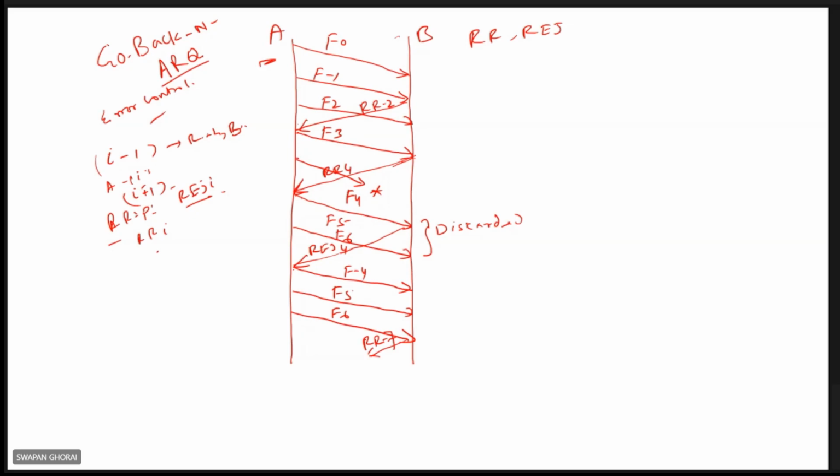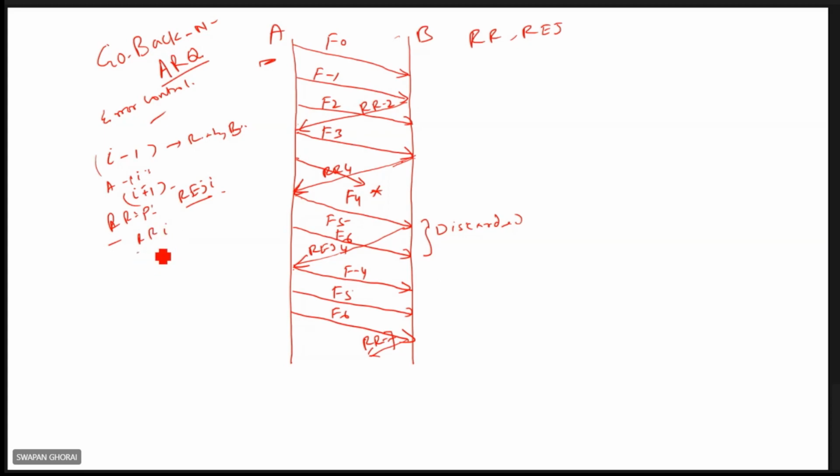Within a reasonable time before the timer expires, subsequent frames will be transmitted. Even if this RR is damaged, the next acknowledgement will indicate that the frames were received successfully.